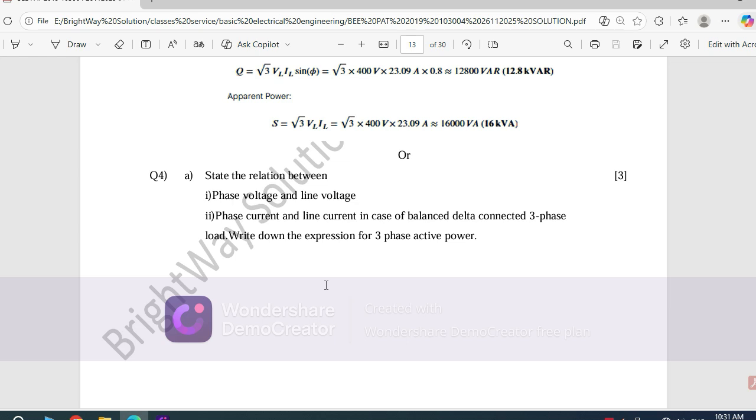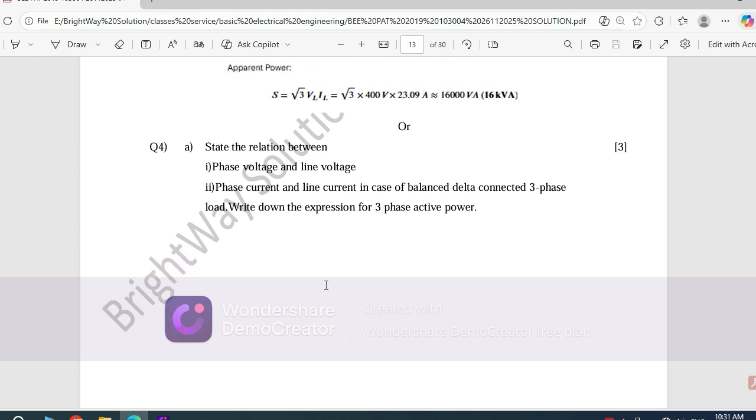Then next, state the relation between phase voltage and line voltage. This is an OR; question number 3 is an OR question with question number 4. Then you have to set the relation: phase voltage, line voltage, phase current, line current, in case of balanced, here the last term is very important, delta.